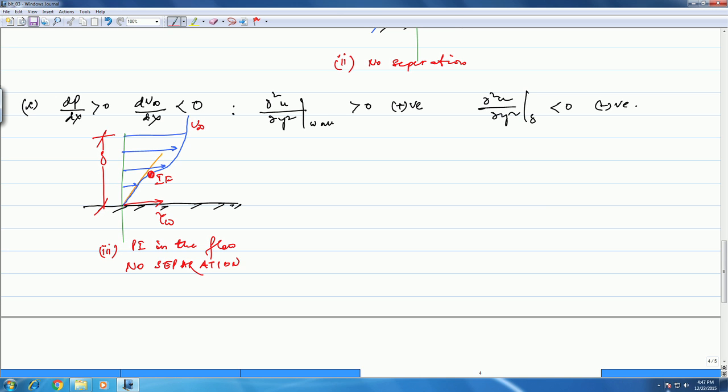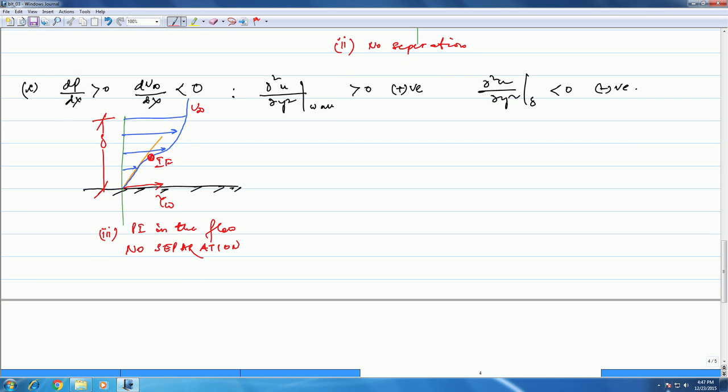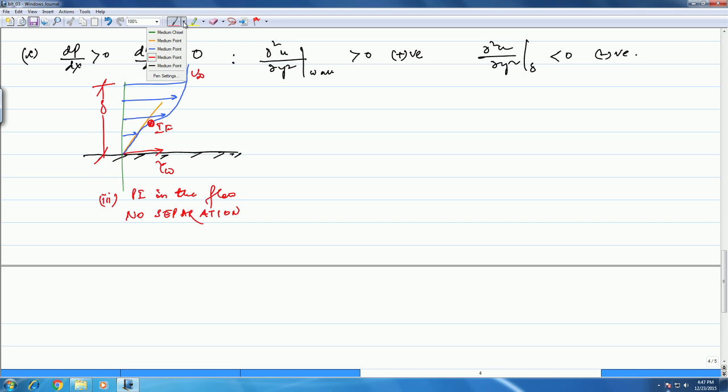Okay, so now the question is, where do you think the position of the inflection point should lie?